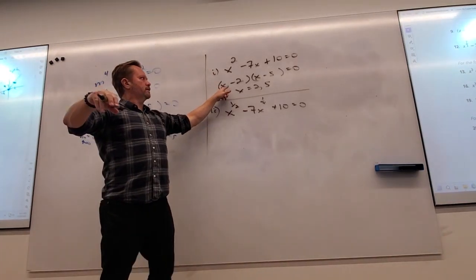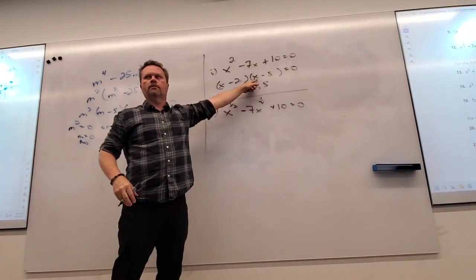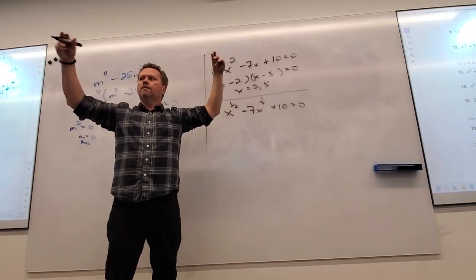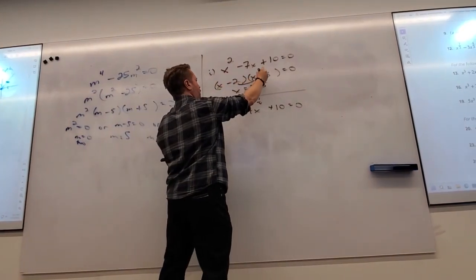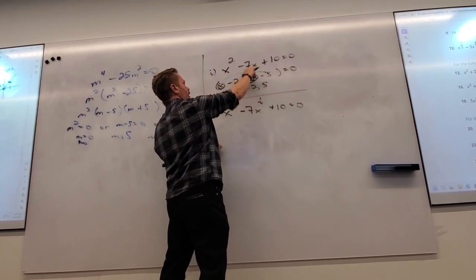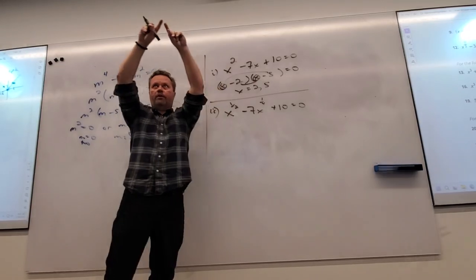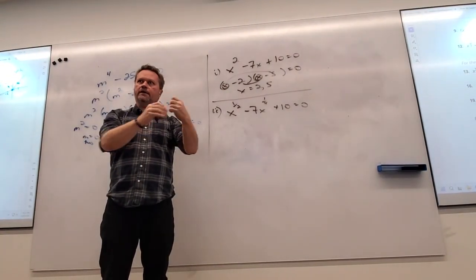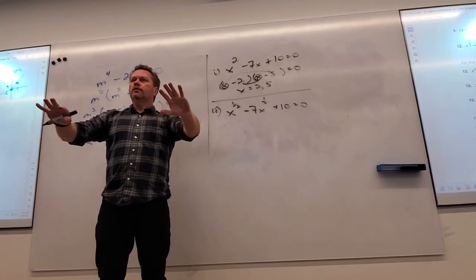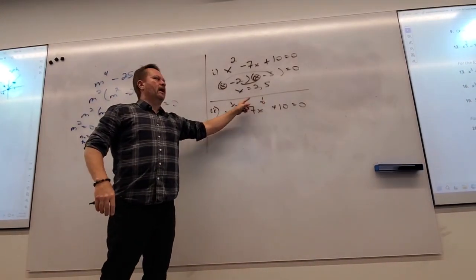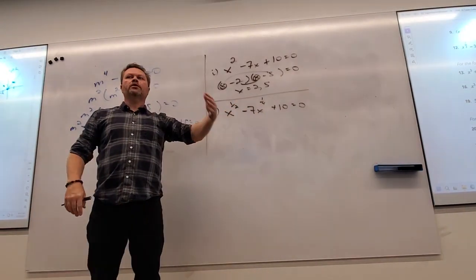Why did we put an x and an x there? Because it's squared, so I broke it up in half. Makes sense, right? Notice how the middle term has an x in it. So it makes sense that if I break the first term up in half, it becomes what the middle term kind of looks like. Do you guys see that? Anytime the middle term is half of the first term, it will work the same way.